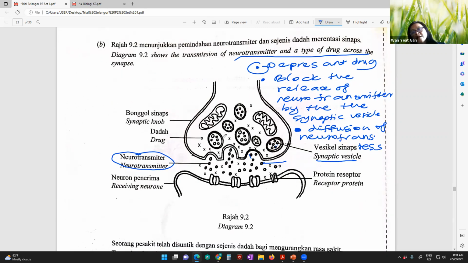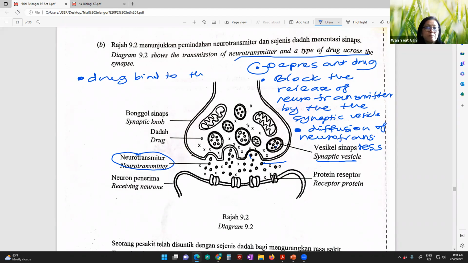Now, there are two things that this drug does. First is to block. The second one, the fourth point, besides blocking the release of the neurotransmitter, the drug also binds to the receptor protein. So here is the receptor protein, which, as you can see, the X are binding to.